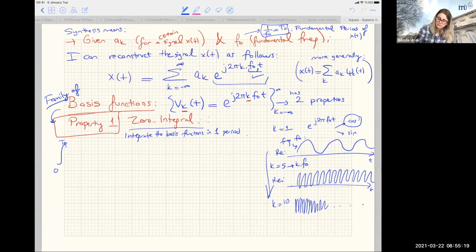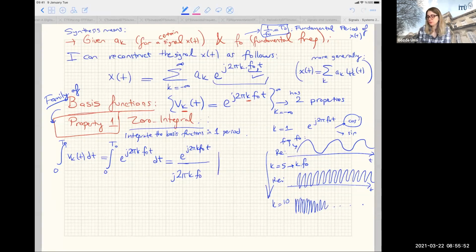This is my integral. Just bring the basis function here, the general form. Do the math here. We know how to integrate an exponential. It's not difficult. We have to take j 2 pi k f0 in the denominator, and e to the j 2 pi k f0 t, evaluated from 0 to T0.